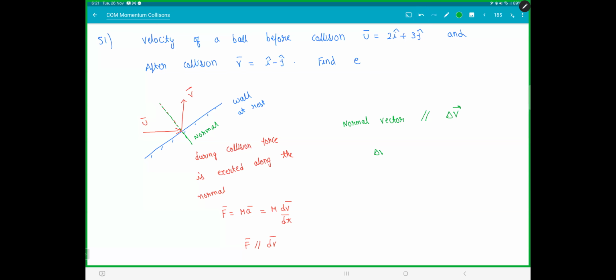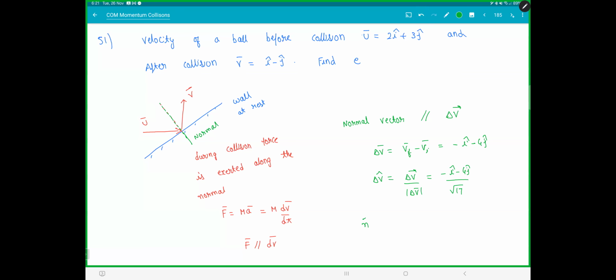So if you take the change in velocity vector, which is nothing but v final bar minus v initial bar, that would be v final minus v initial, that is minus i minus 4j. You want the unit vector, so delta v cap is delta v bar by mod delta v, which is minus i minus 4j by root 17.